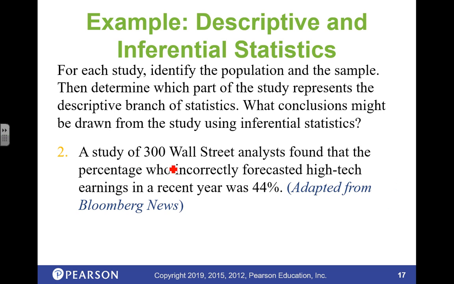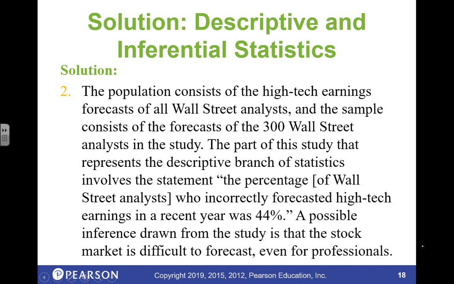Here's another one. A study of 300 Wall Street analysts found that the percentage who incorrectly forecasted high-tech earnings in a recent year was 44%. So our population is all high-tech earnings forecasts from all the analysts. So all the analyses that were made would be our population.